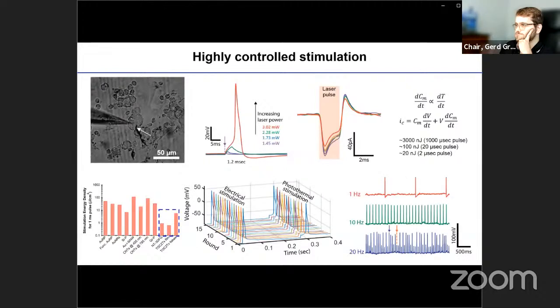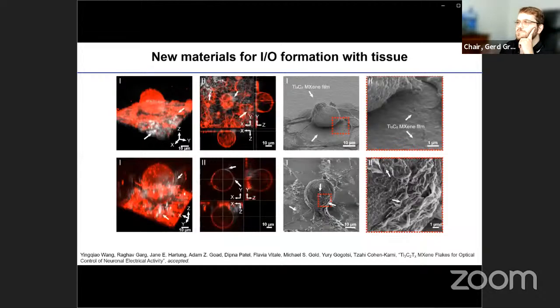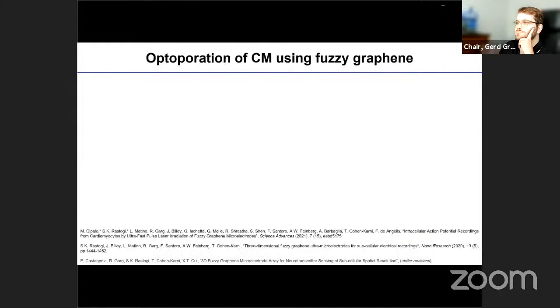We can drive a neuron at different frequencies, 1 Hertz, 10 Hertz, and 20 Hertz, as you can see over here. As a teaser, we now use MXene flakes, which is actually better than fuzzy graphene when it comes to film. And you'll see more of this coming up in the next few weeks in ACS Nano.